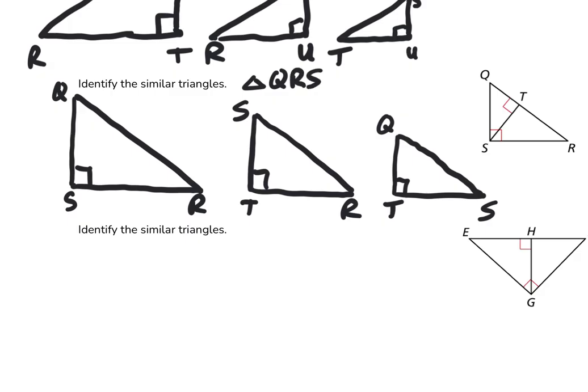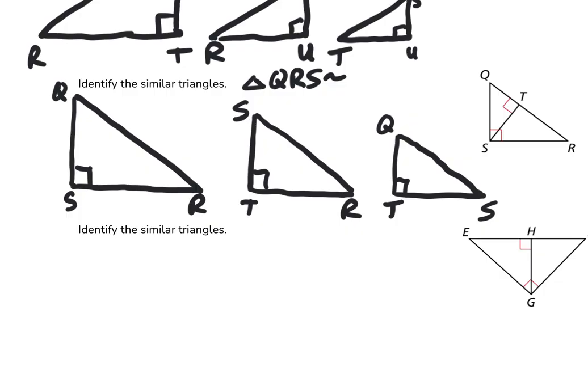The first one, I could say QRS, QSR, RSQ, any order you want to put them in. Typically, I might pick alphabetically, QRS. It doesn't have to be that way, but what it does have to be is that the other two have to match up with that one the same way. So I start with QRS. I start with this top point, and I just go around clockwise, around the triangle, right? QRS.